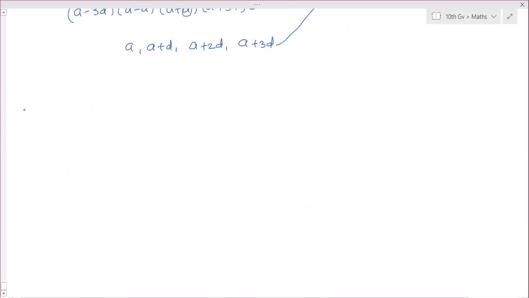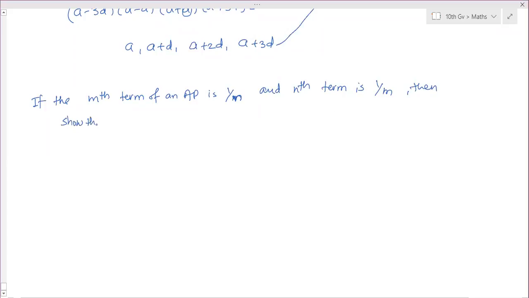If the mth term of an AP is 1 by n and the nth term is 1 by m, then show that the mnth term is 1.